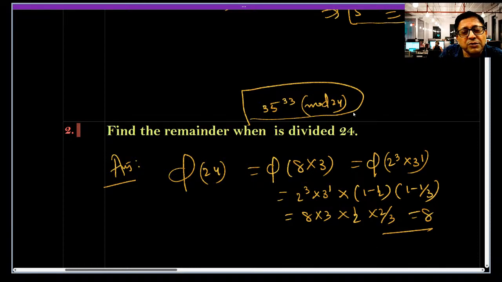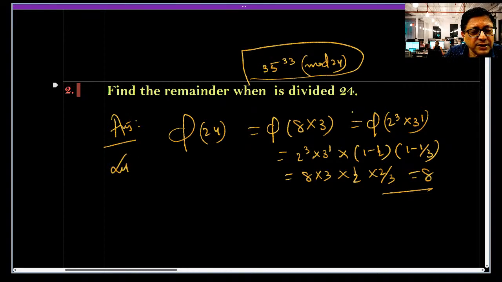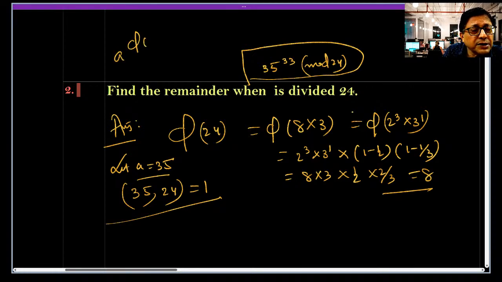So does it help? You have to think. If you write by taking A equal to 35, we find that 35 and 24 are co-prime. GCD is 1. So A to the power phi n is congruent with 1 mod n. What value of n have you taken?